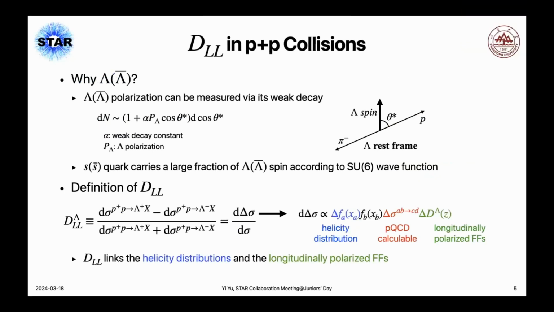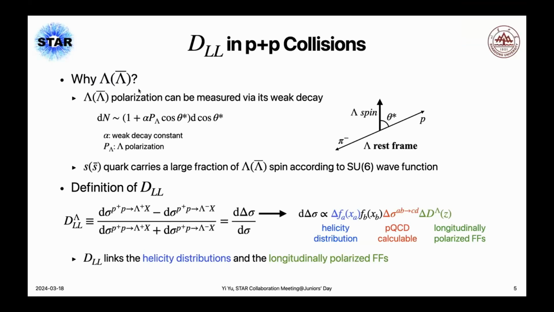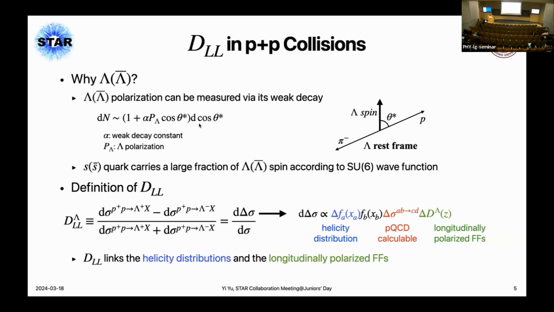In the proton-proton collisions, I will first focus on the longitudinal spin transfer. Firstly, I will explain why we choose lambda. As we all know, the lambda decays weakly. We can measure its polarization through the angular distribution of the decayed proton in the lambda rest frame.